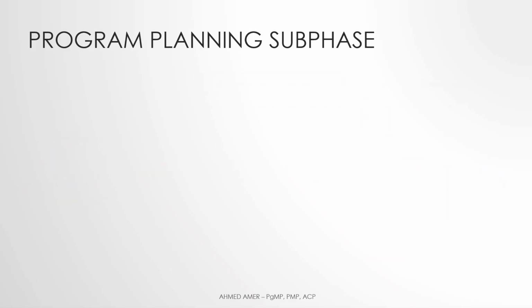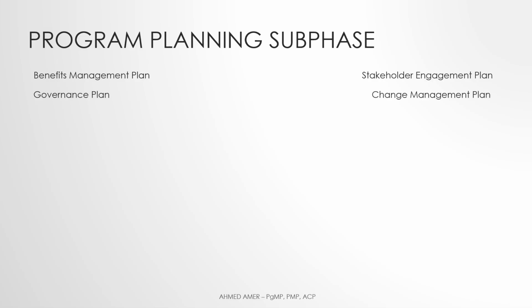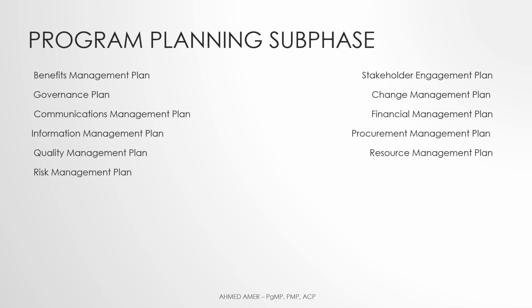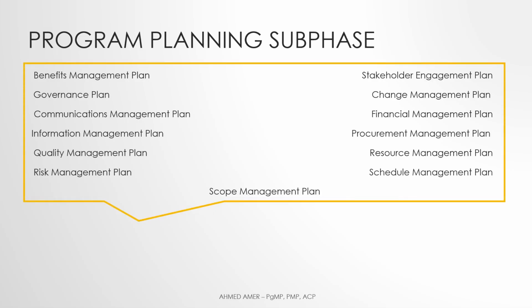The program management plan may be combined into one plan or multiple plans that include the following subsidiary documents: benefits management plan, stakeholder engagement plan, governance plan, change management plan, communications management plan, financial management plan, information management plan, procurement management plan, quality management plan, resource management plan, risk management plan, schedule management plan, scope management plan.